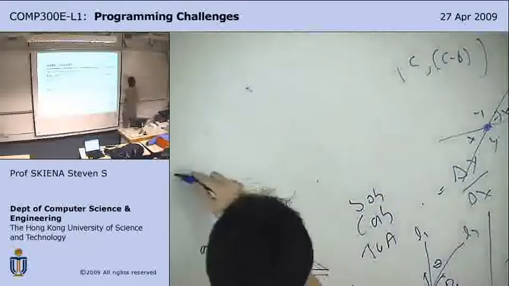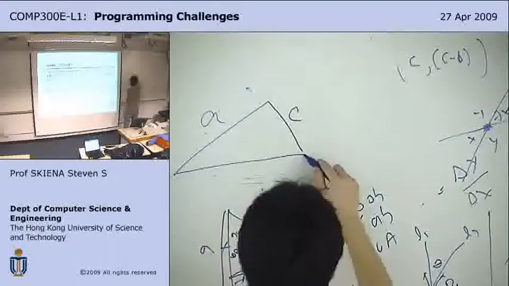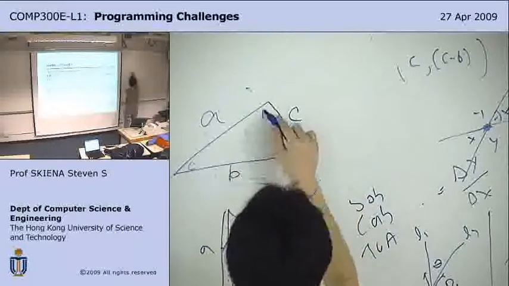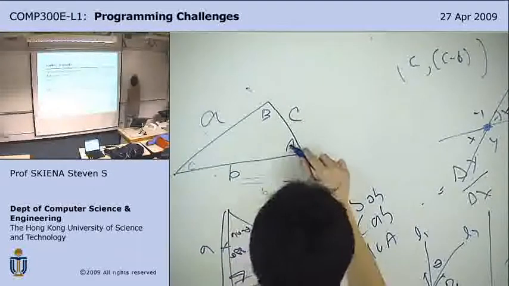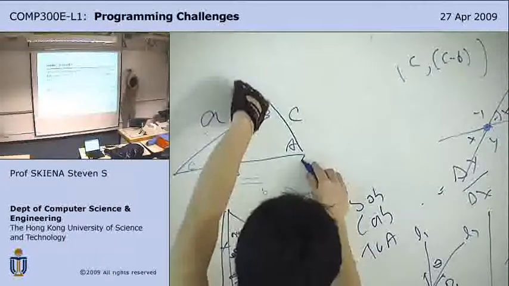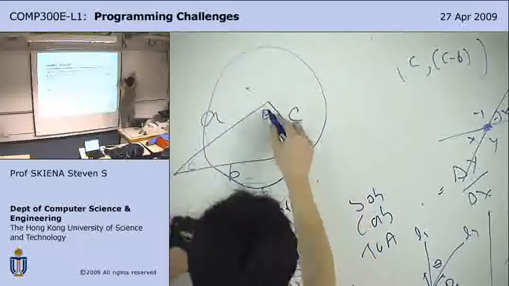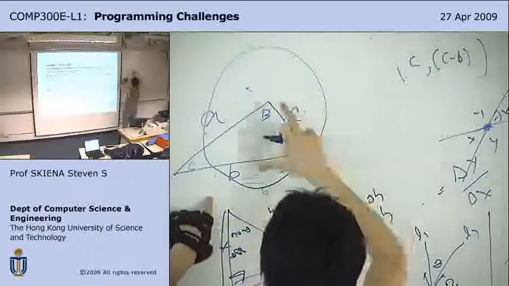You have an A, and you can draw a circle to this. You can see that there are two intersections.